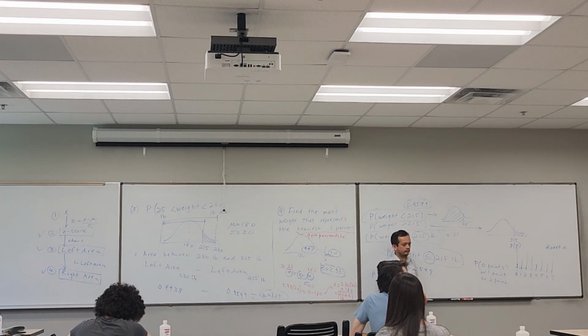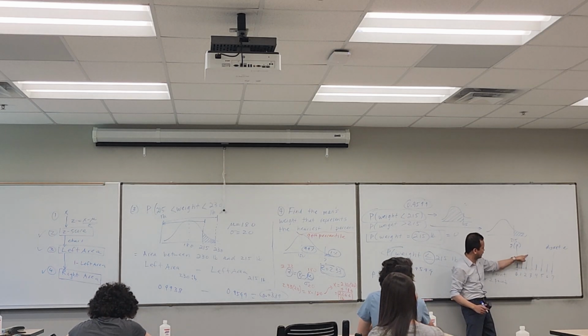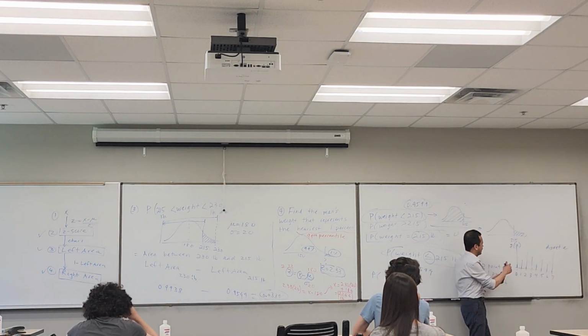Well, you already have this distribution drawn for you where you have the heights of each of these bars, and the heights represent the probabilities.